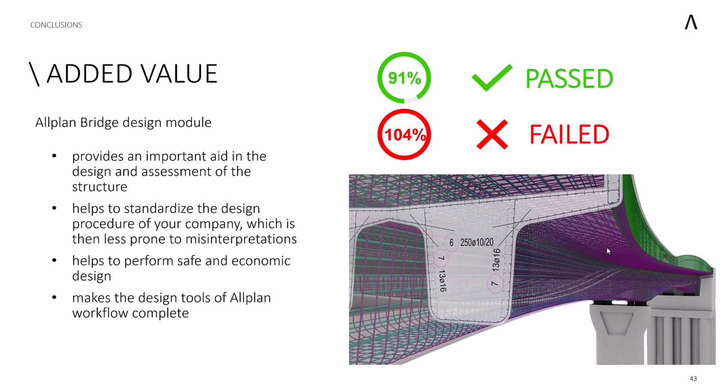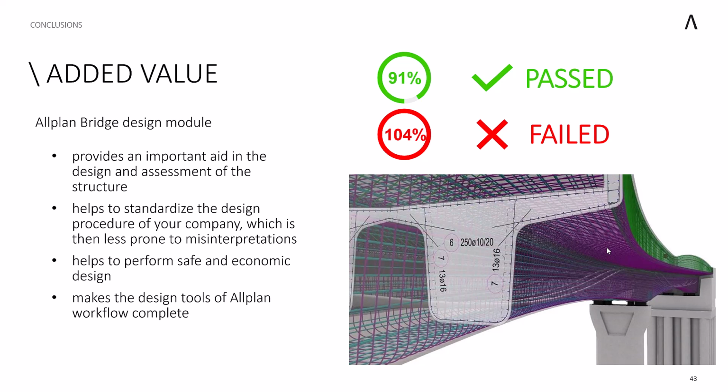Under these assumptions, the methods used in Allplan Bridge are an important aid in the design and assessment of the structure. The module helps to standardize the design procedure of your company. Therefore, it's less prone to misinterpretations of national standards and regulations.